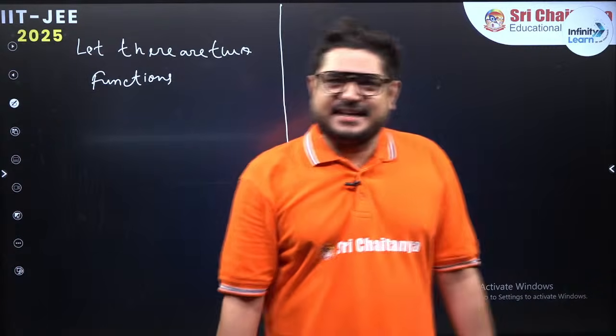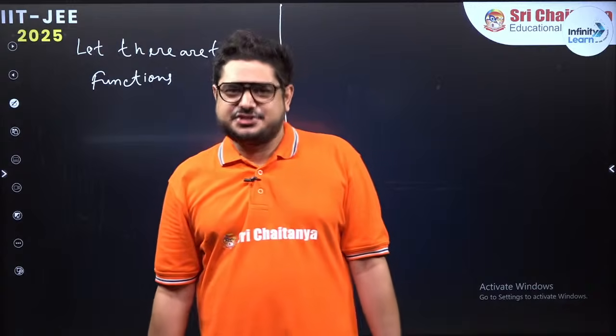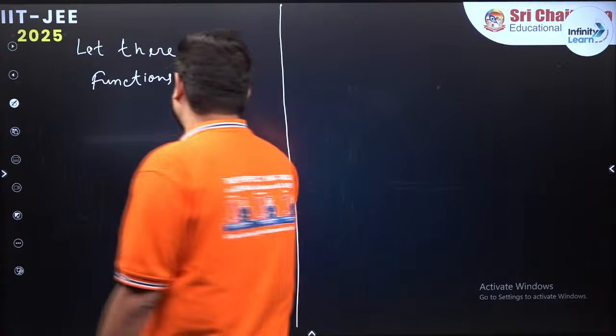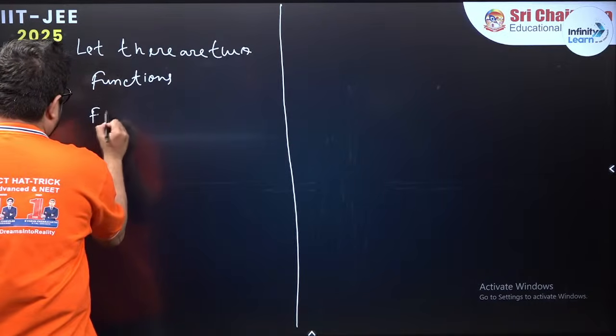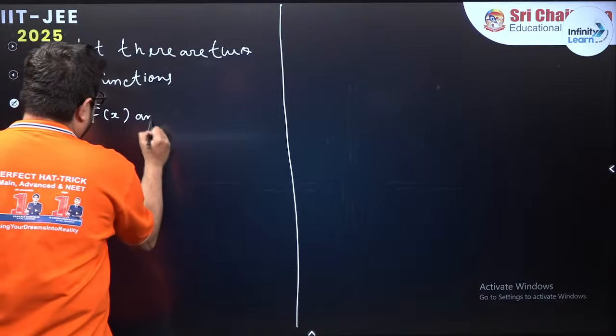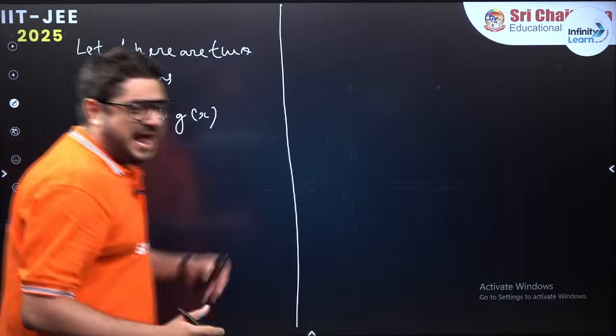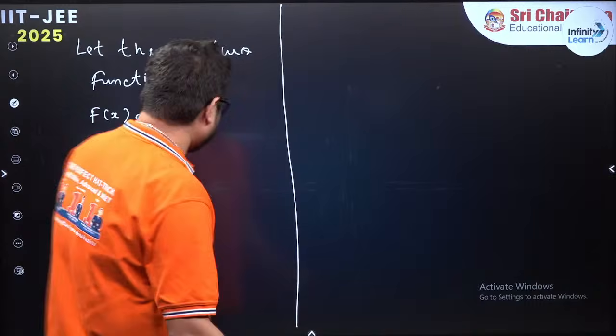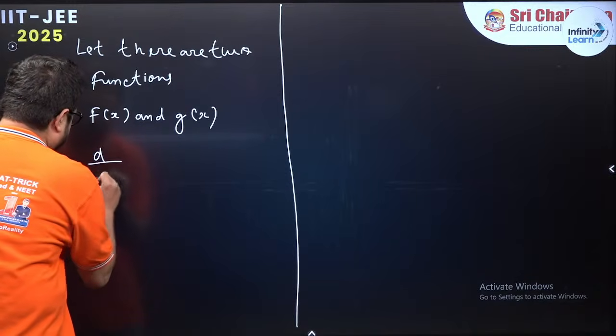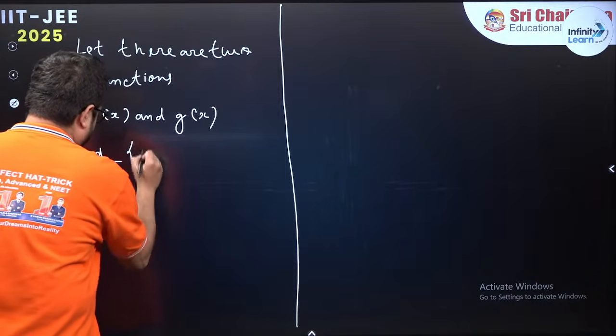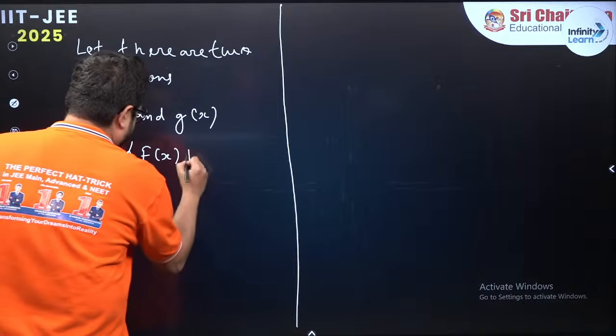It can be fx, it can be gx, isn't it? So if I say there are two functions, fx and gx. So now if I try to add these two functions, let us say I am trying to perform d by dx of fx plus gx.